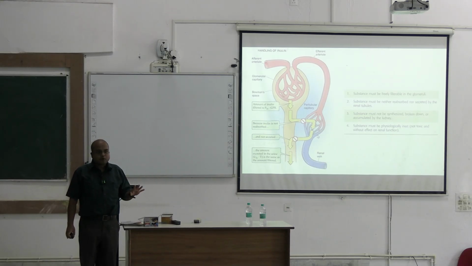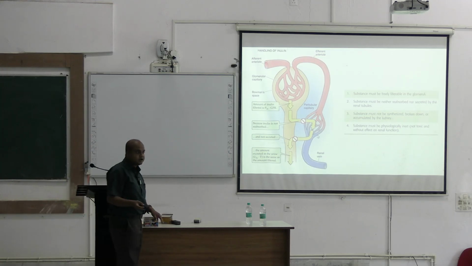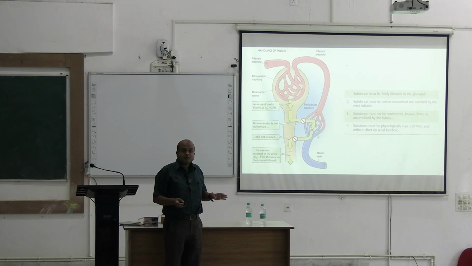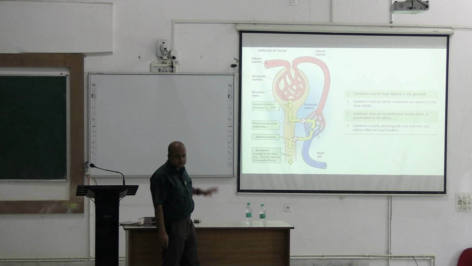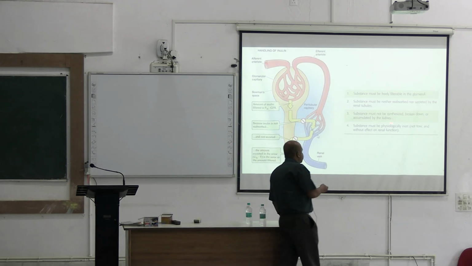It cannot be reabsorbed or secreted. So, inulin or, to most extents, creatinine fulfills that criteria. Very little amount of creatinine is secreted also in the renal tubules, but that is ignored. So, creatinine is also considered a substance which can measure my glomerular filtration rate.